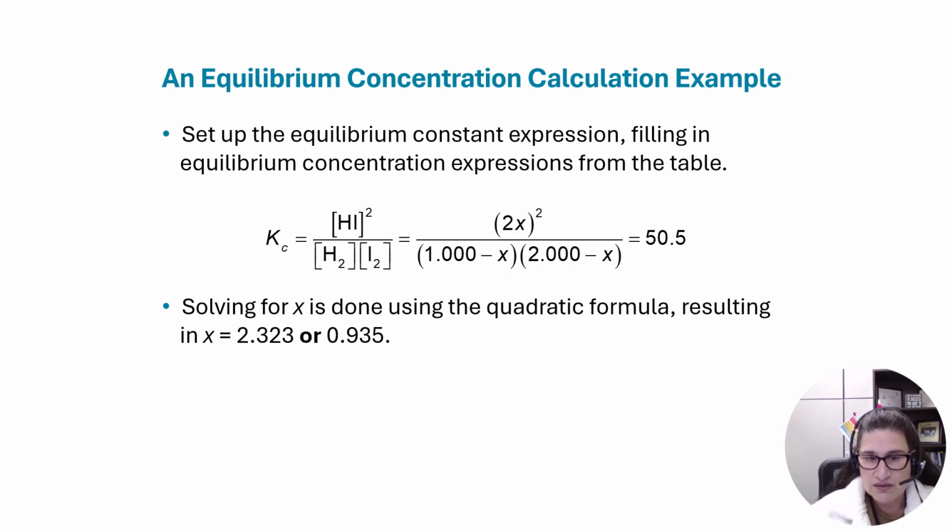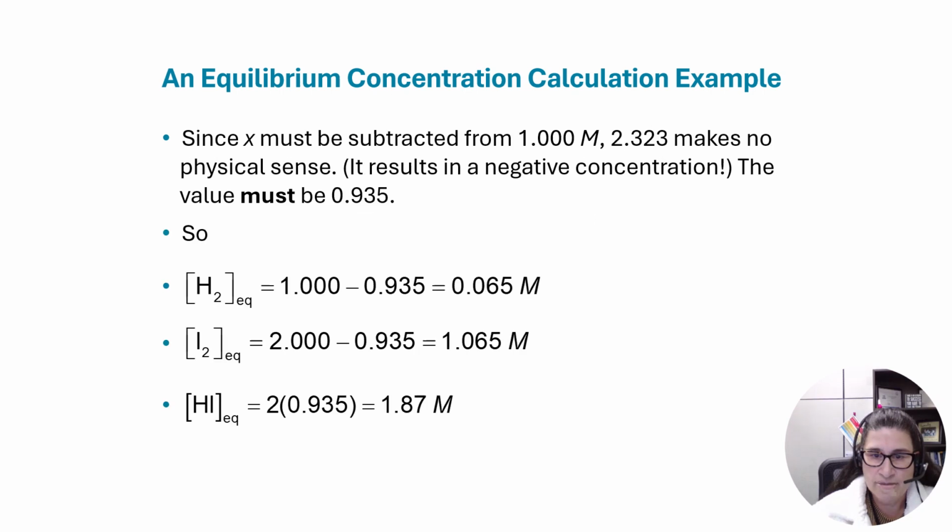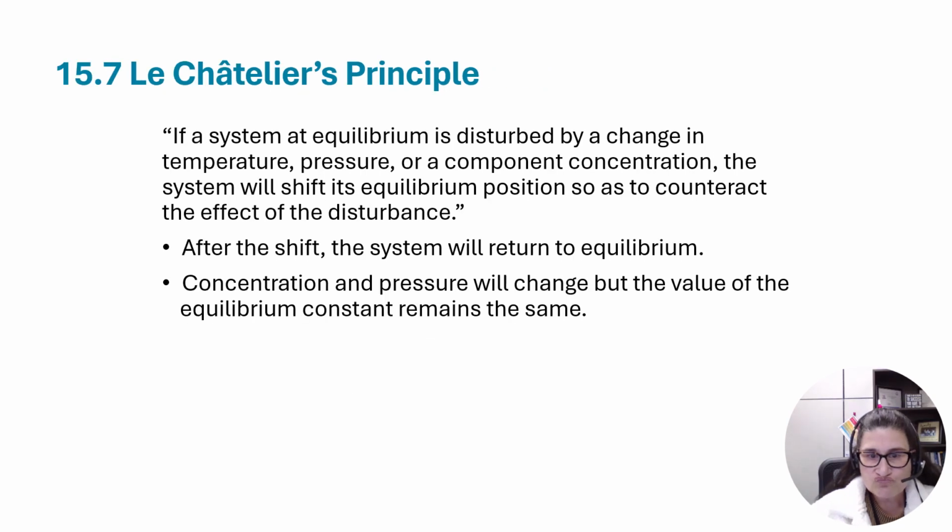So that means that this 0.935 has to be the correct root. So that means H2 is going to be 1 minus that number. I2 is 2 minus that 1. And then we said HI was 2 times x. So now I know all of my concentrations at equilibrium.